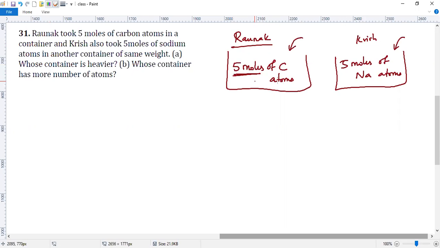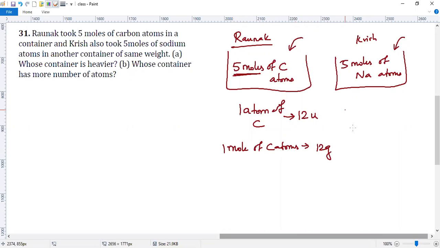You need not even calculate the weight of these two containers. The question is just whose container is heavier. One atom of carbon has a mass of 12 atomic mass units. So the mass of 1 mole of carbon atoms is 12 grams.